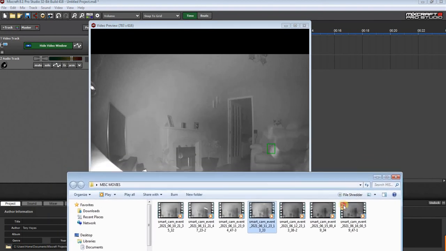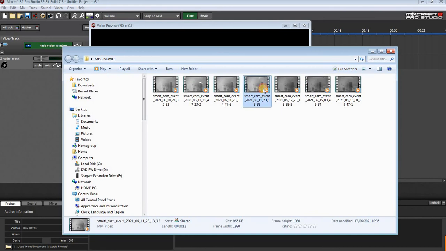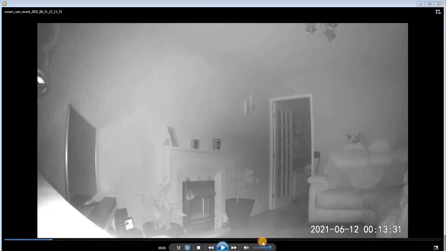Let's get that right. So this one occurs 13:31 on the 12th. That's swirling dust.